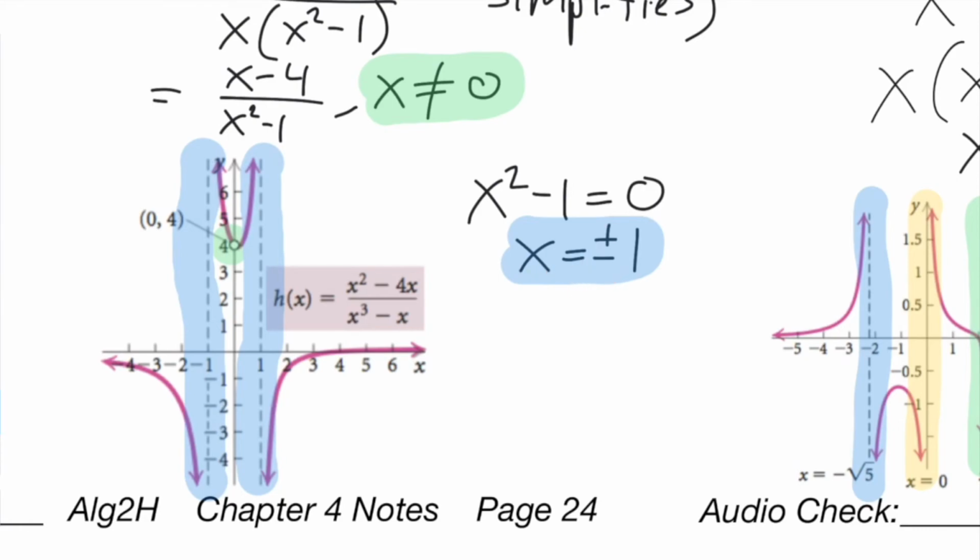That's where the vertical asymptotes are. Plus 1, minus 1. What happens when x is equal to 0? You get what's called a hole. And this simplified version is usually much easier to graph than the original. You just have to make sure that you erase the value at x equals 0.